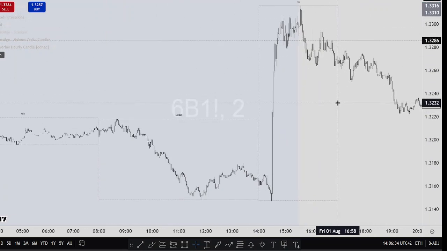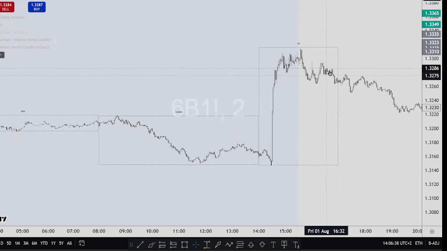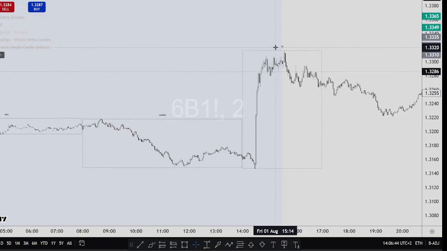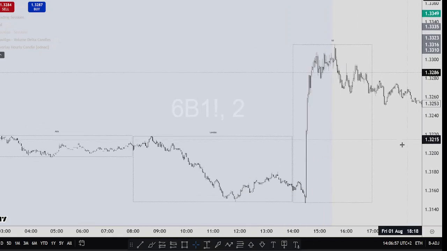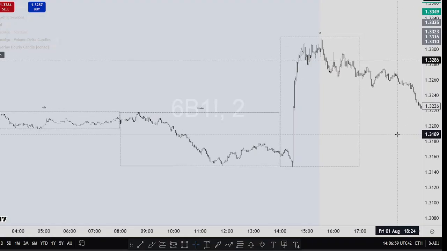And New York I choose to cut off at the time where London ends. It's a completely different matter, but I choose to end the US session at the time where London stops trading or stops working according to Forex Factory. It's just one way of cutting time and saying, we're done now.